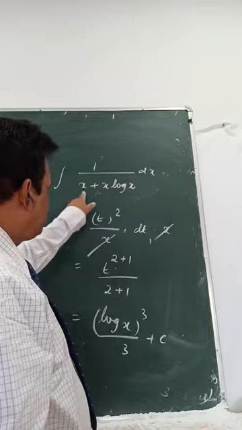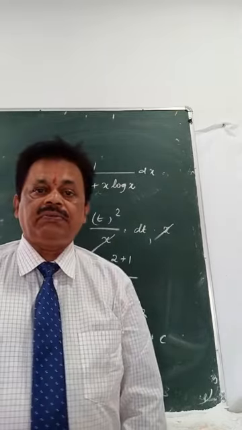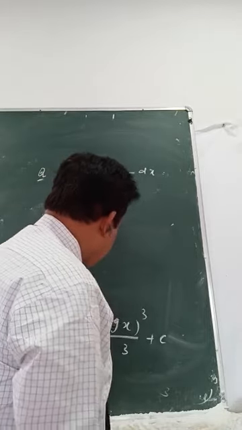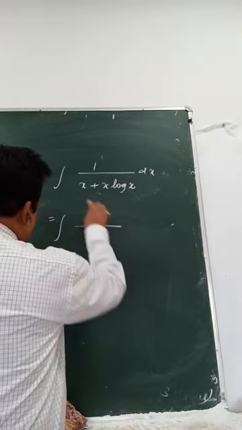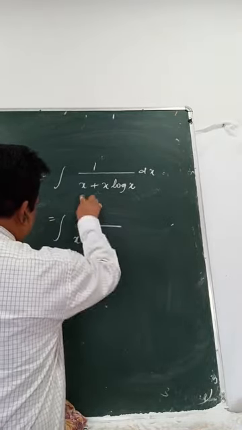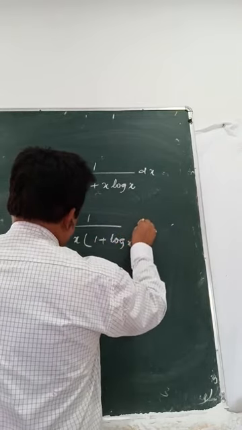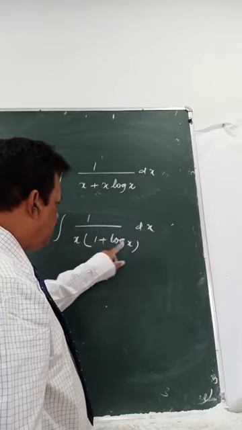So I will take one step ahead. I will take the common term here, then only it will be visible. So I can take x common. It becomes x into 1 plus log x. Now you can take 1 plus log x.